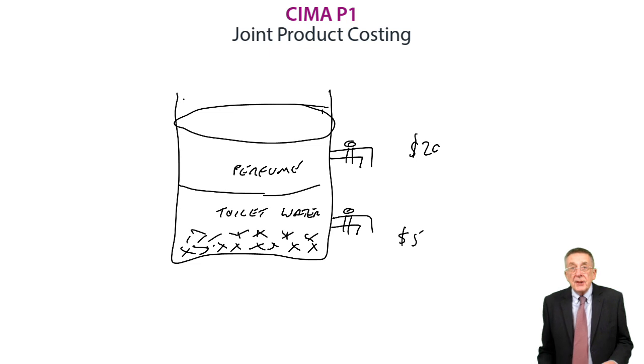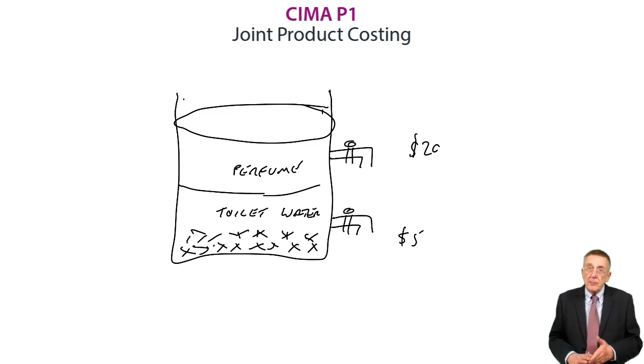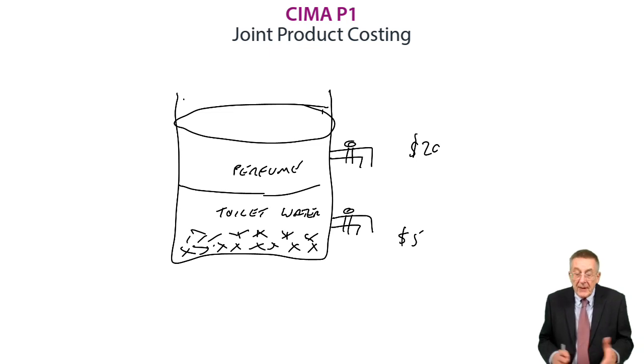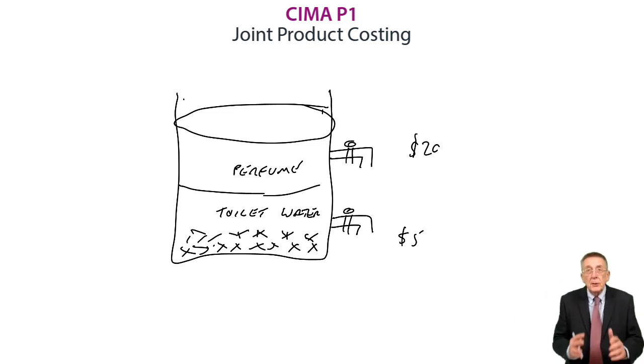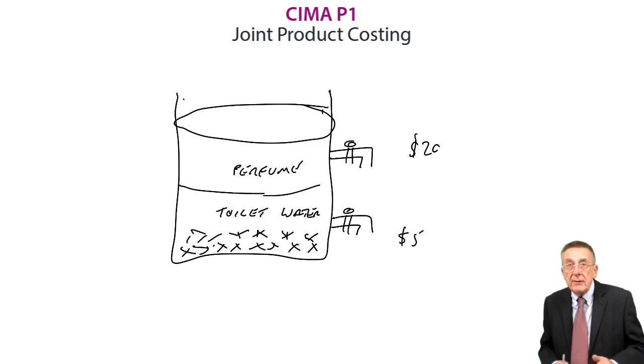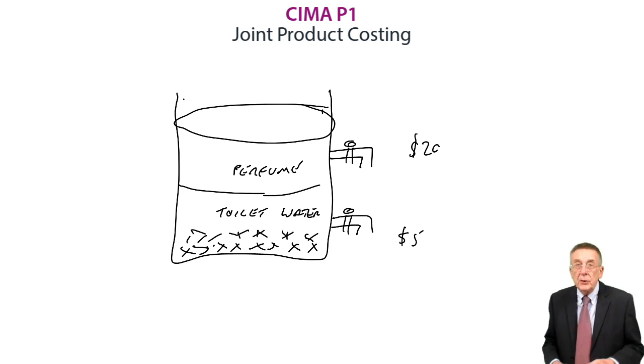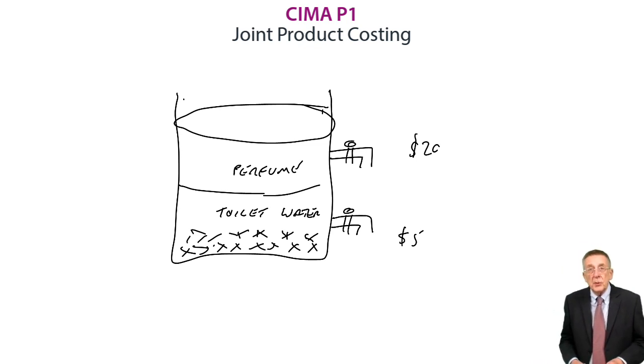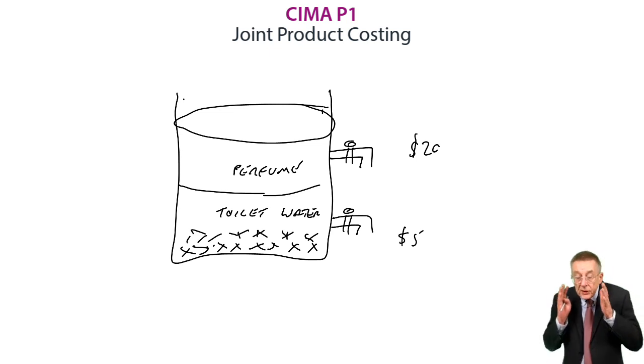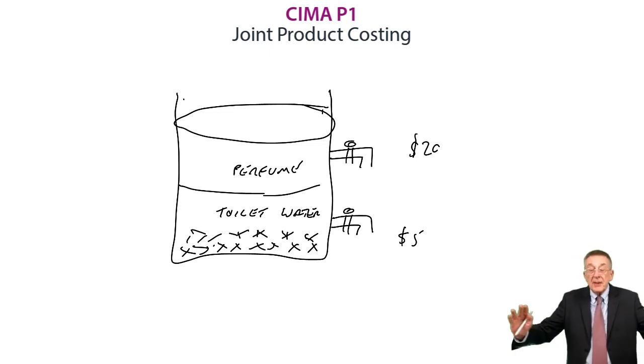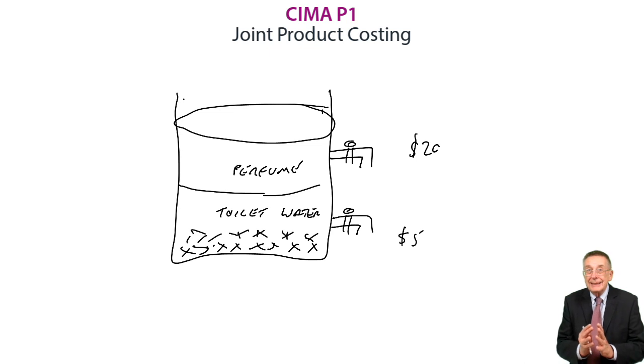And the question is, how are we going to get the cost per unit for each of them separately? I mean, in a sense, we can't, because they're made together. You can't say this bit of the flowers is a cost of perfume, this bit of the flowers is a cost of toilet water. We've got two separate products, but they're being made together.